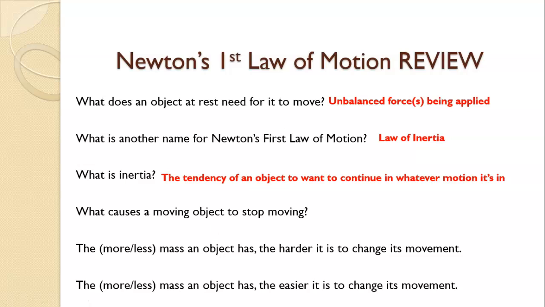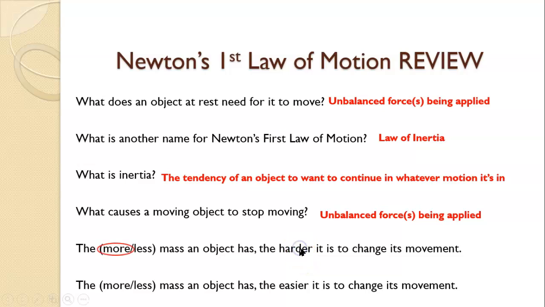Question number four, what causes a moving object to stop moving? Well, basically the same thing that you need to get an object that's at rest to start moving. You need unbalanced forces to be applied to it. How about number five? Would it be the more or the less mass an object has, the harder it is to change its movement?